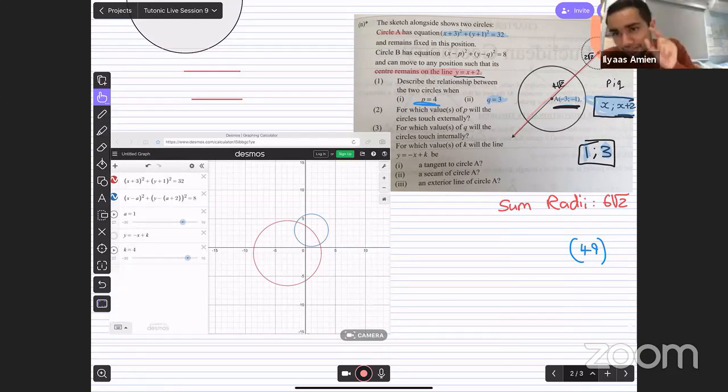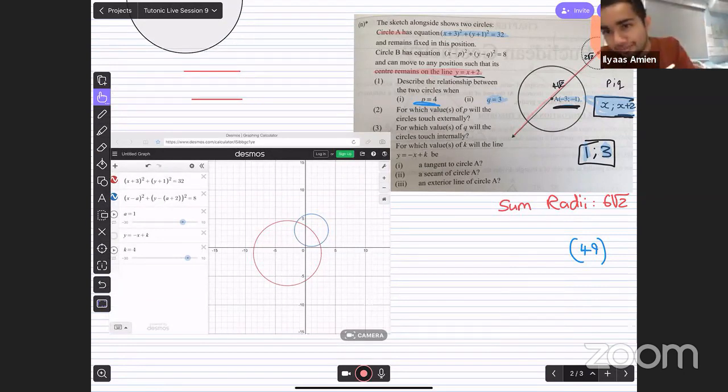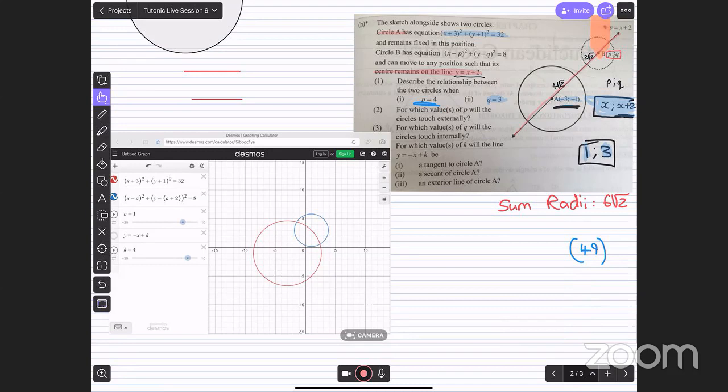In the context of what I've just taught you. So they don't say intersect, they just say touch externally. So doesn't that mean they just touch at one point? So wouldn't the distance have to equal the sum of the radii? The distance between their centers equals the sum of their radii. Yeah. Because let's look at these two circles here.